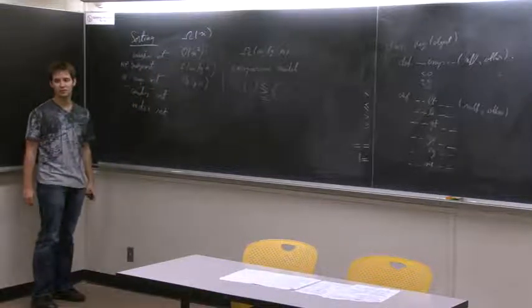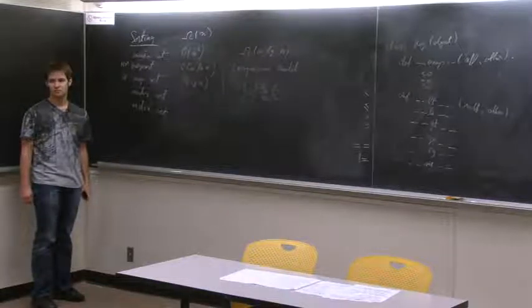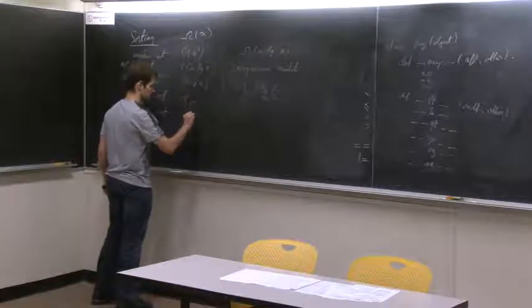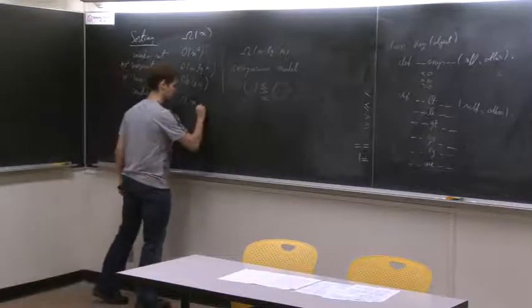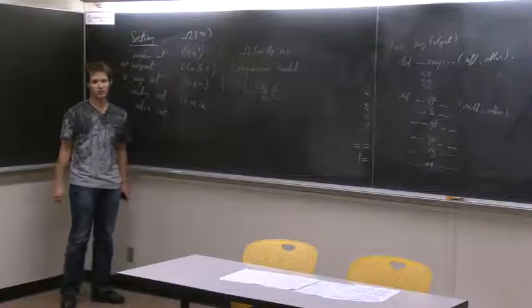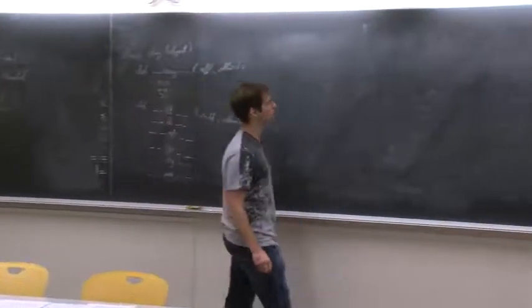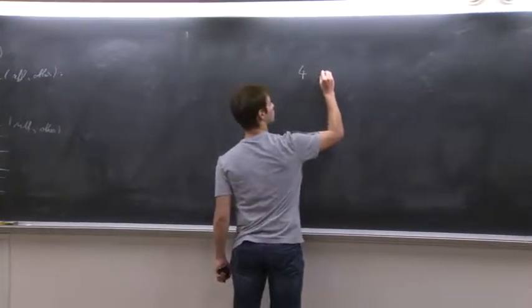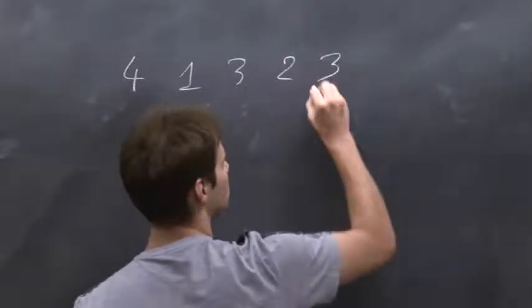Does anyone remember the running time for counting sort? N plus K. Okay. Let's remember what counting sort looks like. Let's take this array: 4, 1, 3, 2, 3.